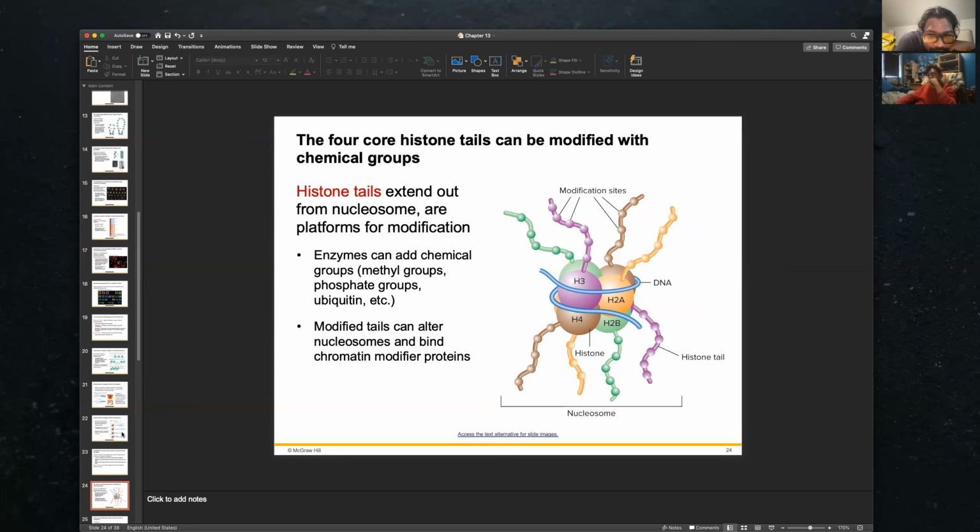We can use the tails of the histone as platforms for modification. Keep in mind, these aren't parts of the DNA, they're parts of the protein. They're going to play a role in epigenetics, which we'll see.